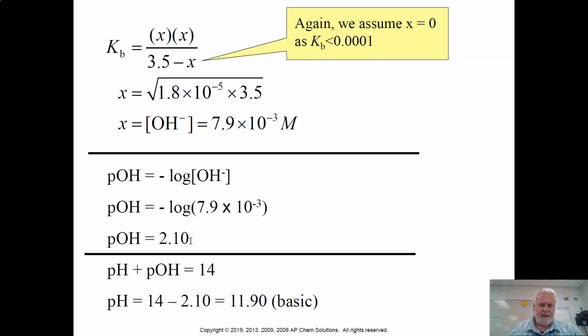That equation is right there on your purple sheet, the third from the bottom in the equilibrium box. So you just realize that the pH is 11.90, and then most of us are a little more comfortable knowing that the pH is basic if it's above 7. Okay? And that's usually a question they'll throw at you. Is it acidic or basic?